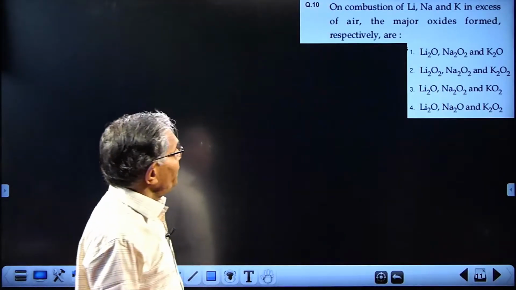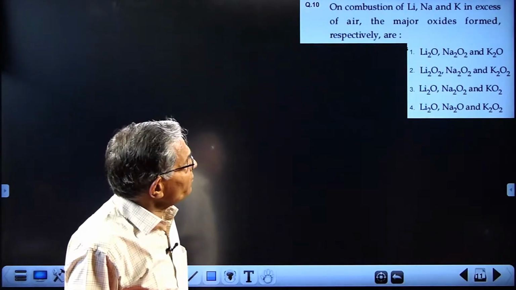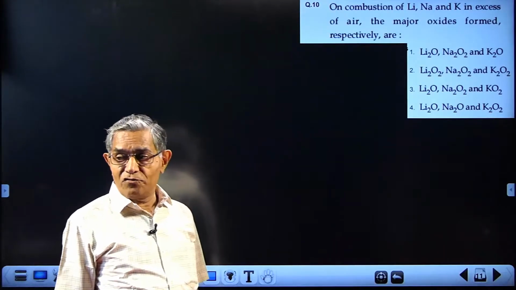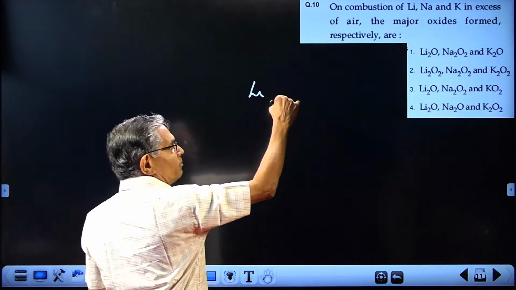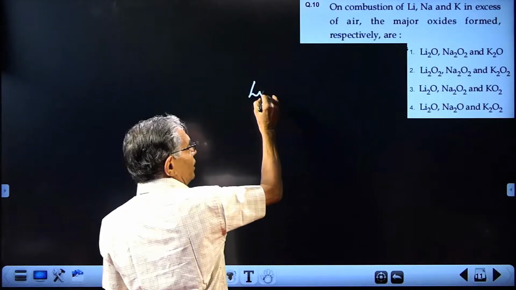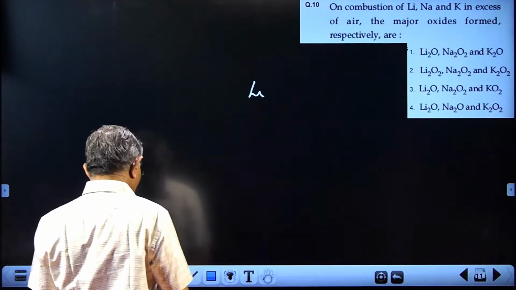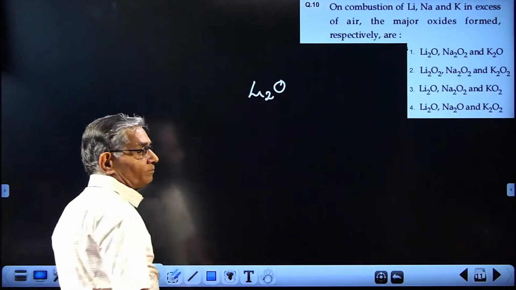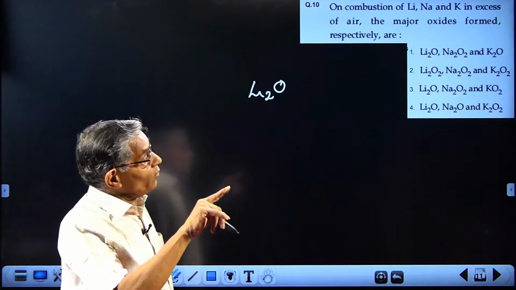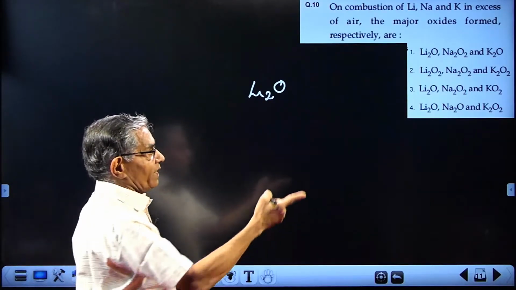Next question will be 10. On combustion of lithium, sodium, S block elements, first year. You know, the small atom lithium cannot form a peroxide or superoxide. It can form only a monoxide. But sodium can actually form both monoxide and peroxide.